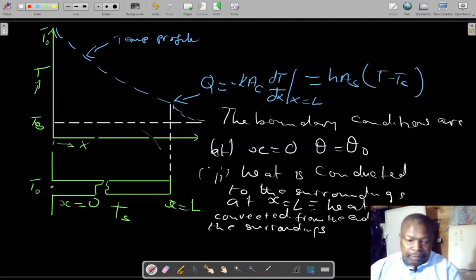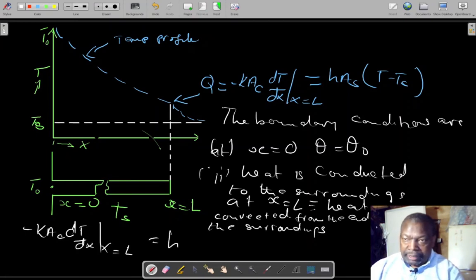So we have minus K Ac dT by dx, evaluated at x equals L, is equal to hAs (T minus Ts).